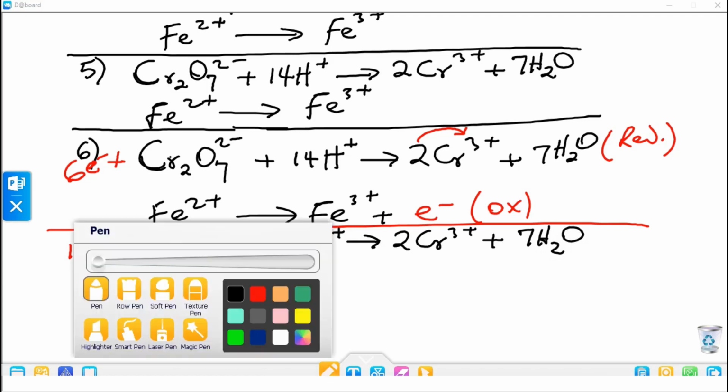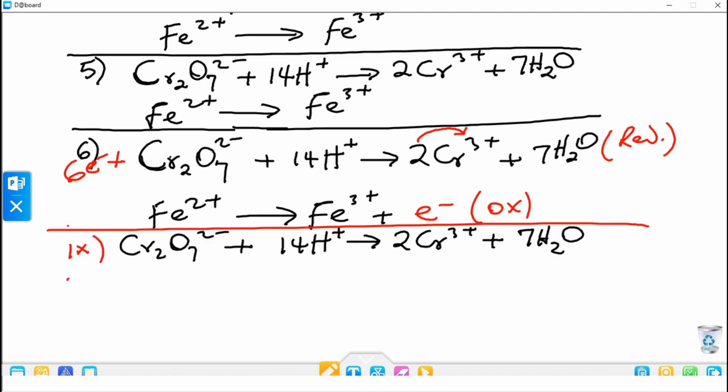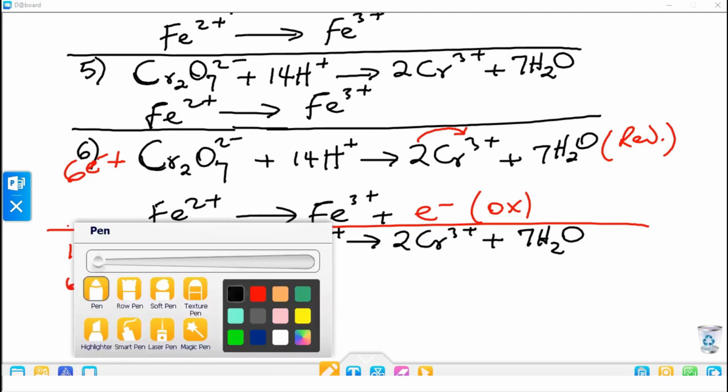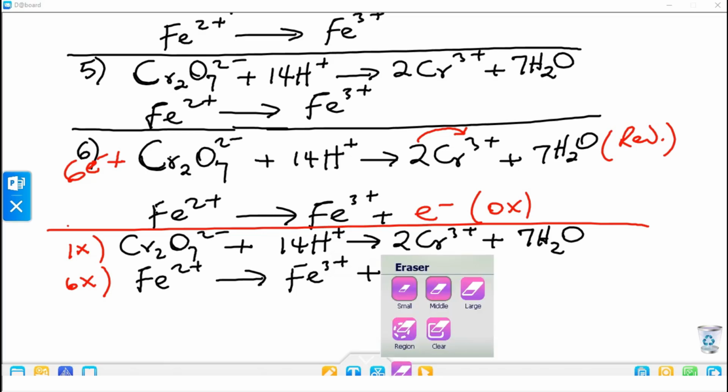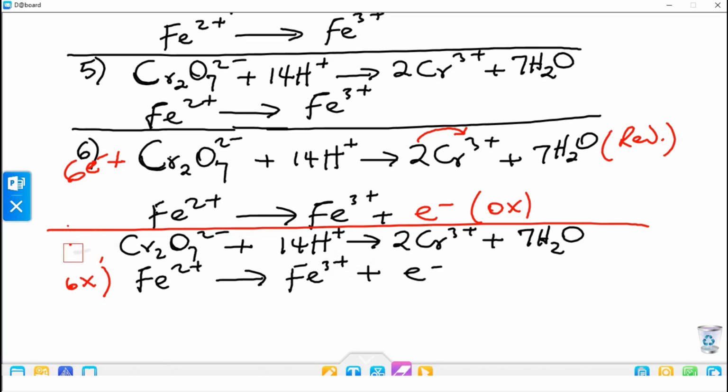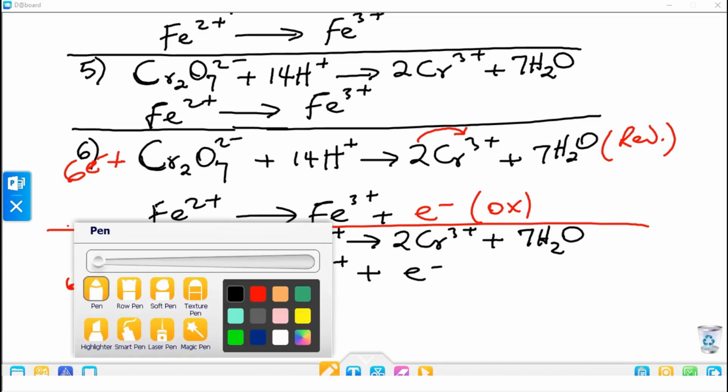And then for the other one, we have 6 times Fe2 plus going to Fe3 plus, and then our electron. So that is what we have. Okay, sorry, we have a little mistake over there. We have omitted our electrons, so maybe we'll just have to add it up here.